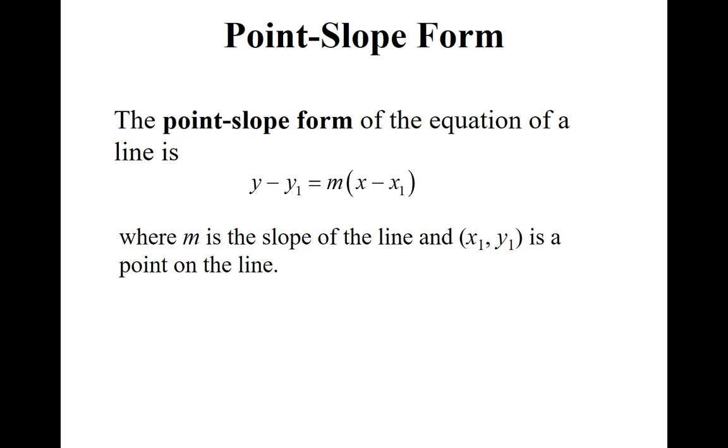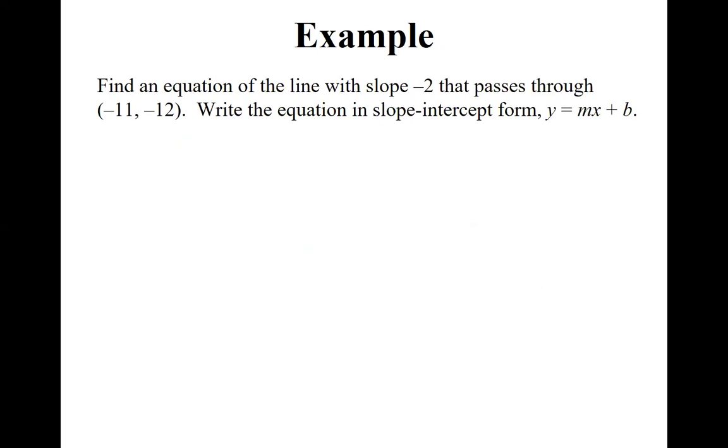This is useful in cases like this where we're given a slope and we're given a point that the line passes through. Even though it says to write the equation in slope-intercept form, y equals mx plus b, we can still start with this new point-slope form.